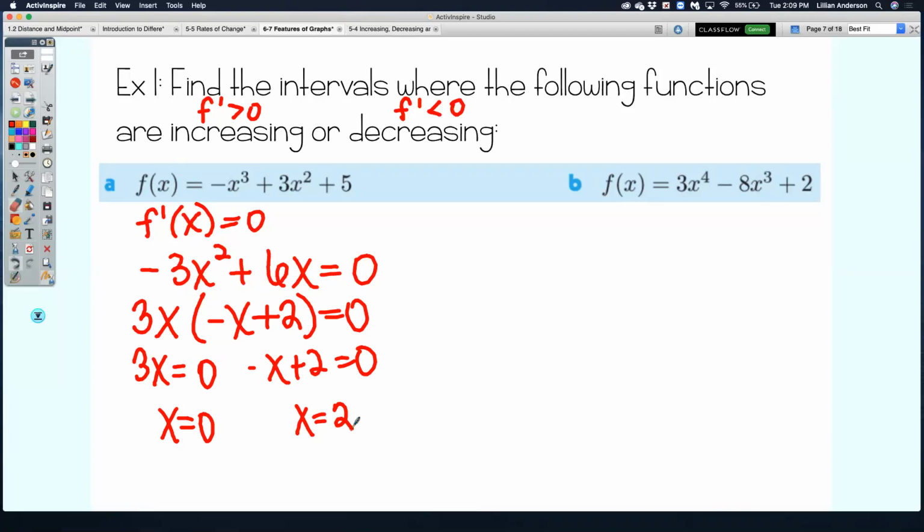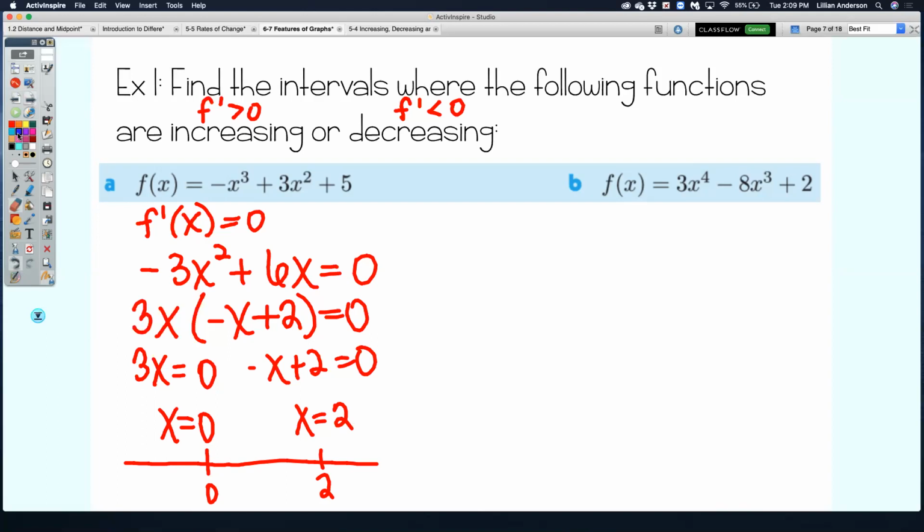Now, these are the values where it's stationary, and there's a possibility that I could have a maximum or a minimum at those values. So this is where you can create a sign diagram or a number line, and you put those respective values on your number line. Then you want to pick test points. These test points are values that are basically in those areas, so that way we can figure out exactly what intervals this function is increasing or decreasing.